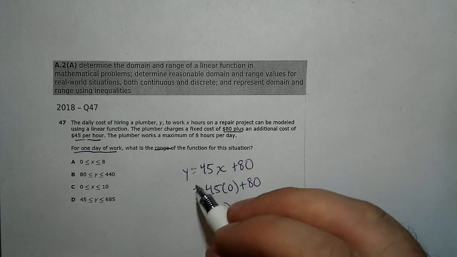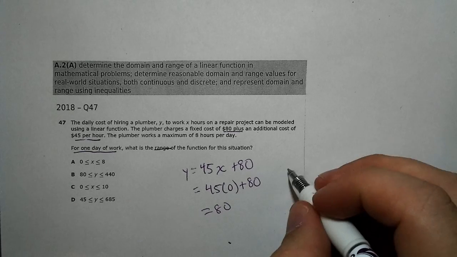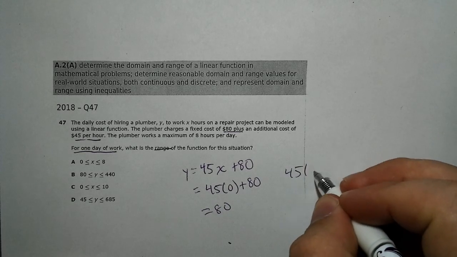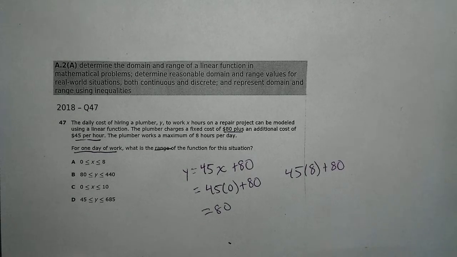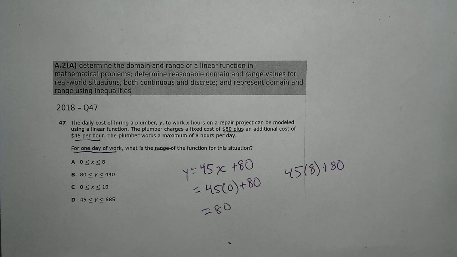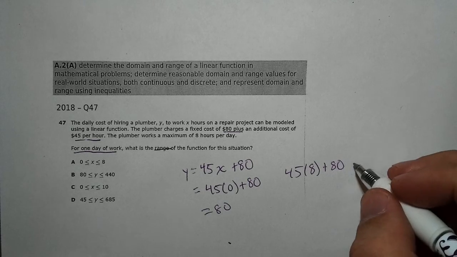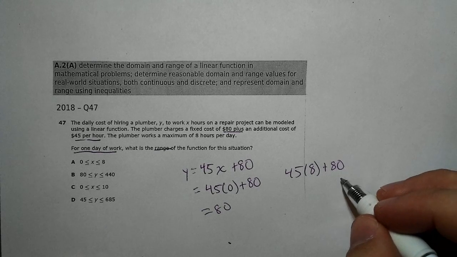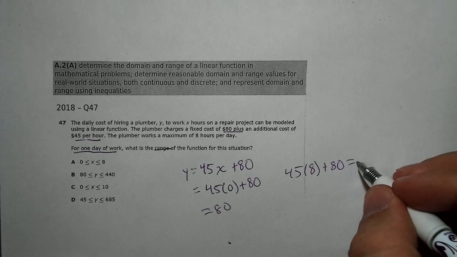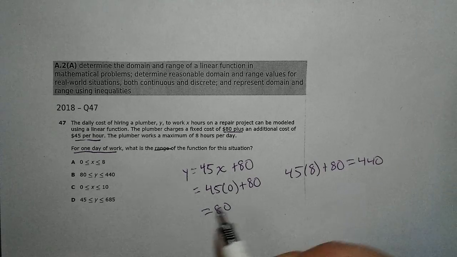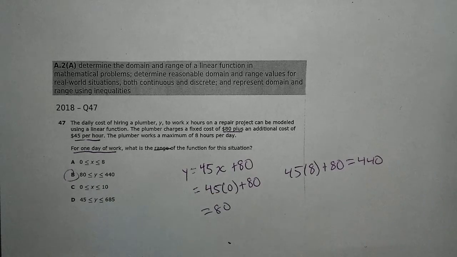Now he could work 8 hours, so 45 times 8 plus 80. 45 times 8 equals 360 plus 80, and that equals 440. So it's between 80 and 440, that is B.